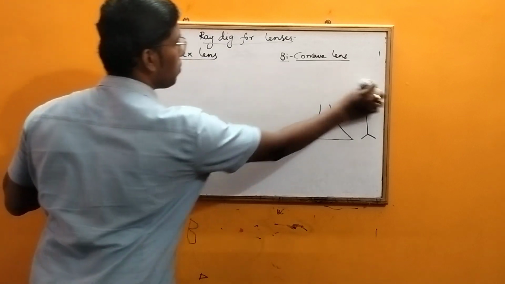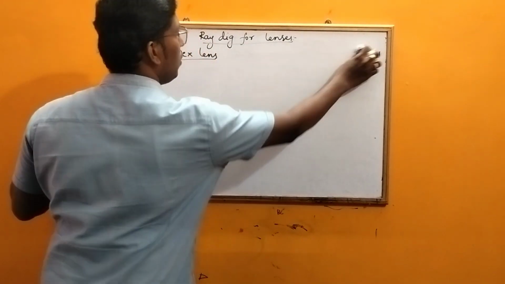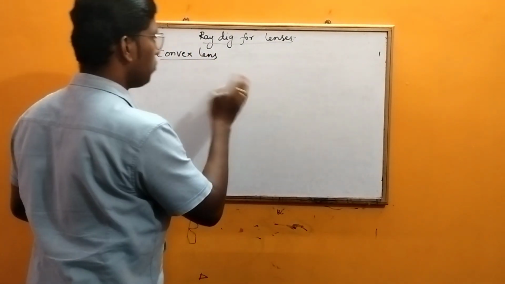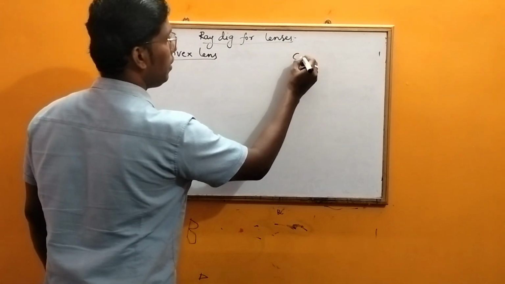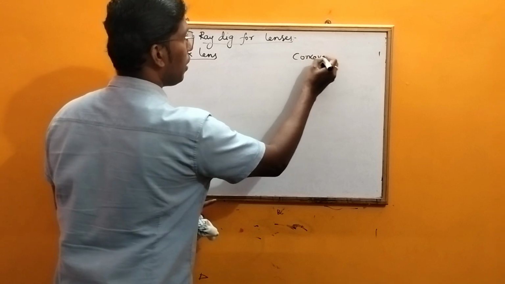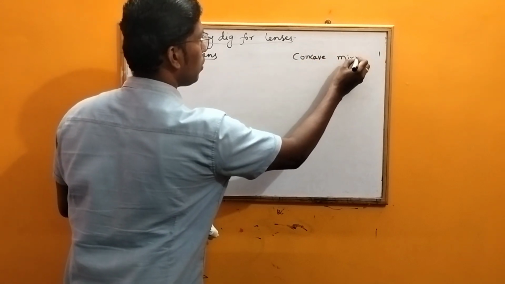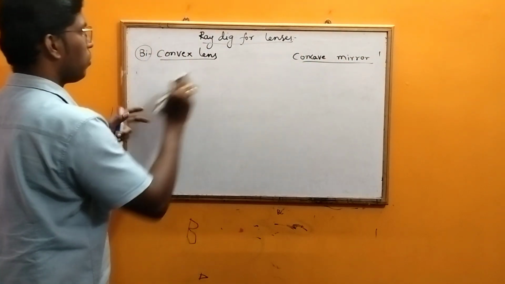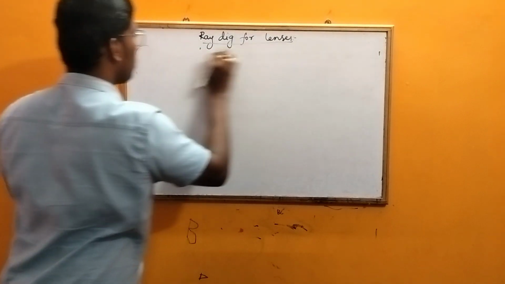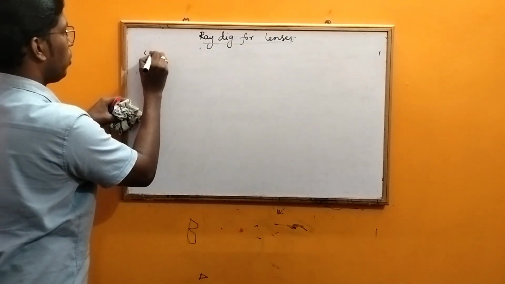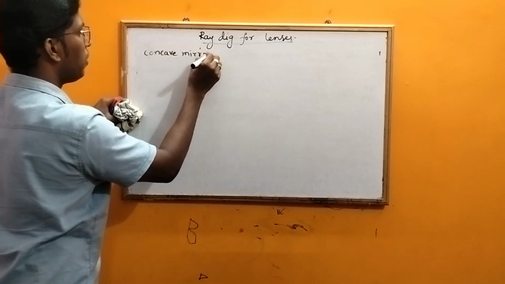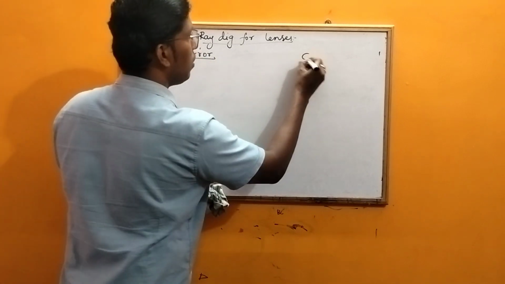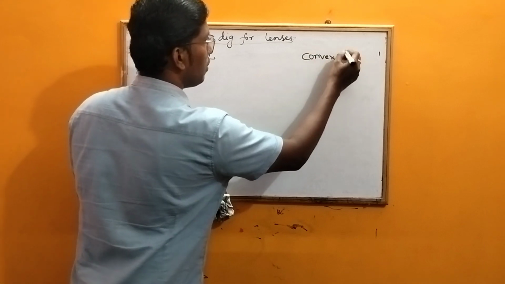As I have already explained in mirrors, I'll draw both the diagrams simultaneously. So here, biconvex lens and concave mirror. You can compare these two so that you can understand easily. Concave mirror, and convex lens.